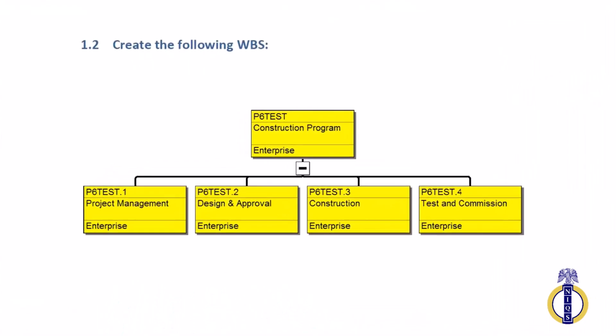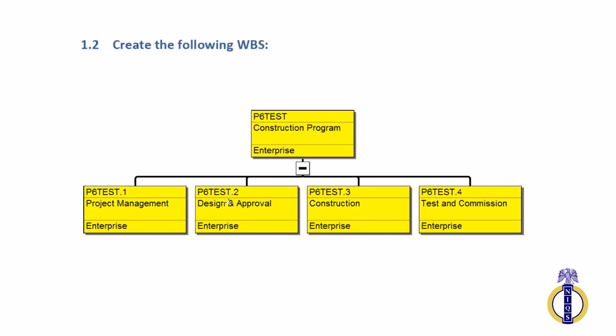So the first one, you create construction program, and your WBS ID is P6 test, and that's your project level, and that's your project ID as well. Then P6 test point 1 is your project management.